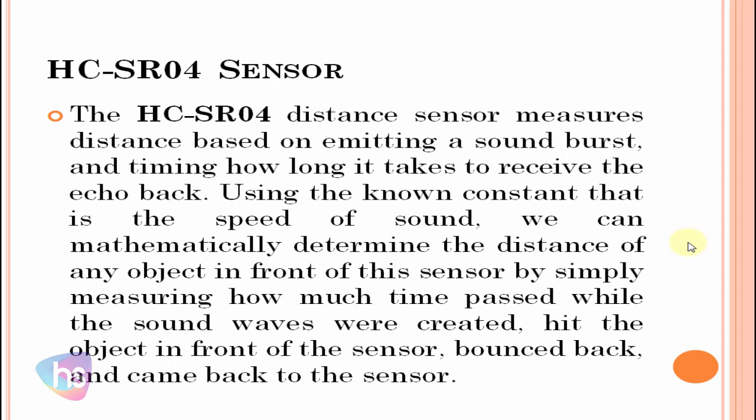We can also simply measure how much time passed while the sound waves were created, hit the object in front of the sensor, bounced back and came back to the sensor. Using ultrasonic waves we can estimate the distance.